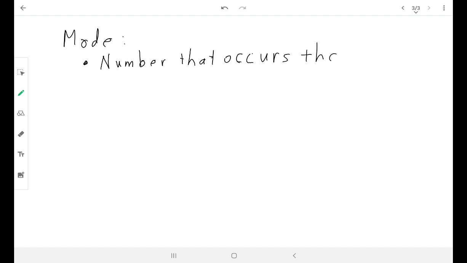And the last one is the mode. And the mode is the number that occurs the most.